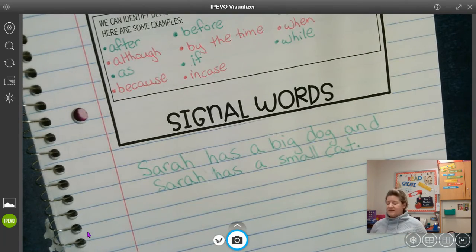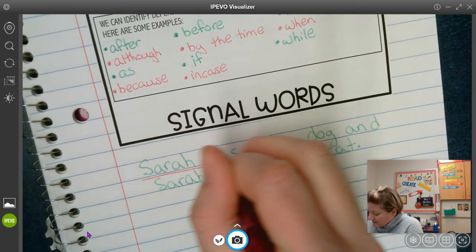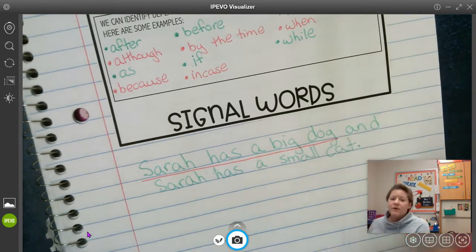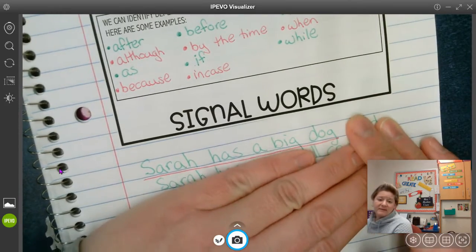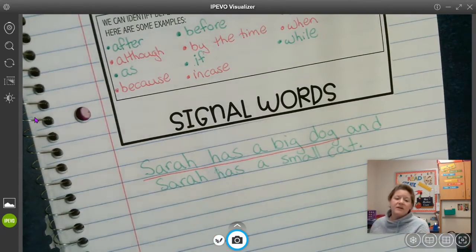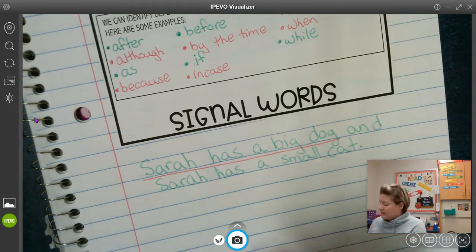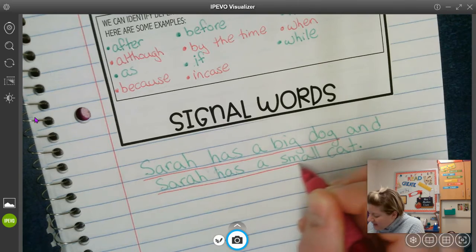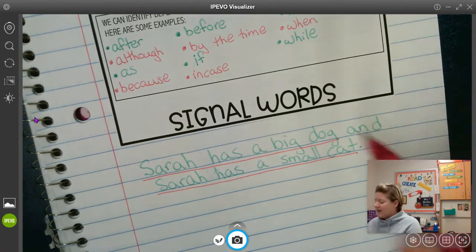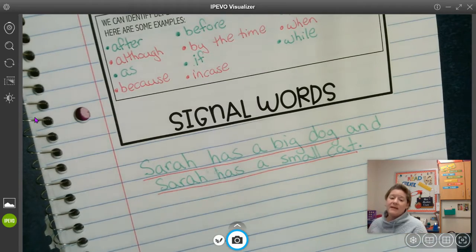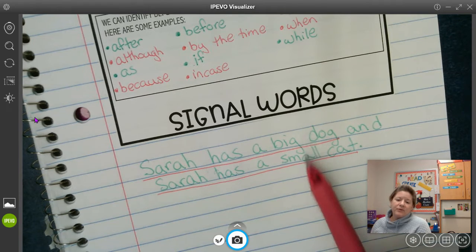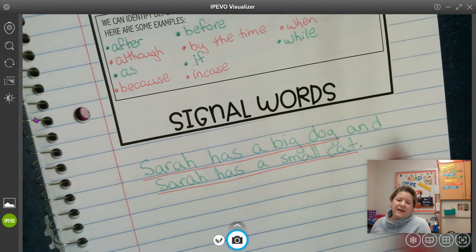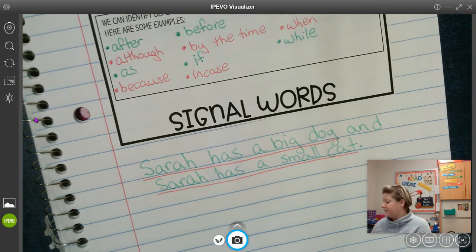So if I broke this sentence up and I have Sarah has a big dog, well, that sentence would make sense. It has a subject, it has a predicate. I'm not questioning why. So if I took this part out of our big sentence and I just said Sarah has a big dog, that makes sense. So that's an independent clause. Down here, Sarah has a small cat. Same thing. If I took this chunk out of my sentence and made it its own sentence, Sarah has a small cat, it would still make sense. So both of these are independent clauses. And since they're independent, I can use a fanboy with them.